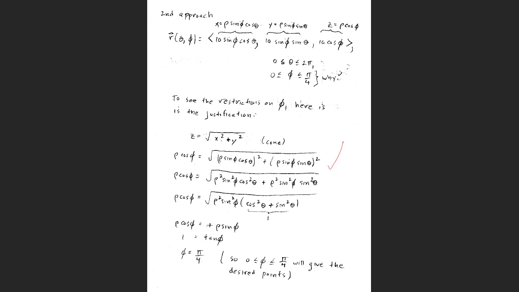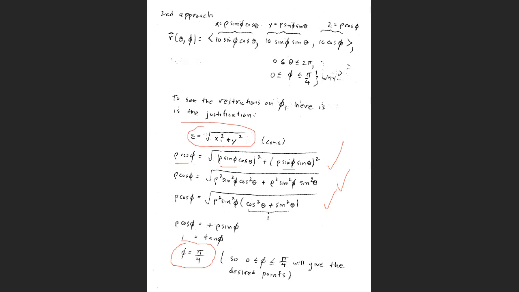I put in the definitions for z, x, and y and write the equation of the cone in spherical coordinates. The equation of the cone in spherical coordinates is phi equals pi over 4.